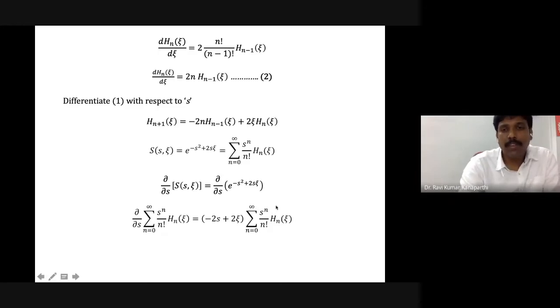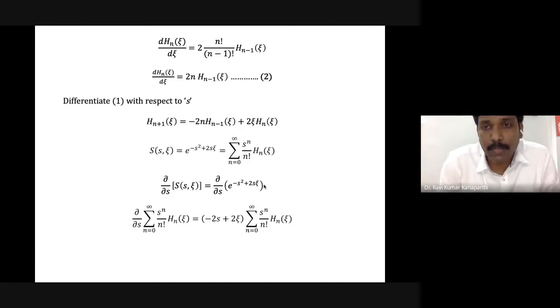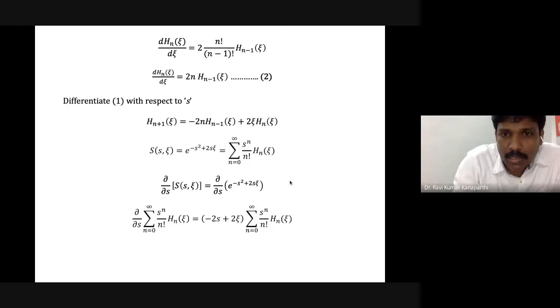You remember that the derivative of e power x is nothing but e power x itself. Here we don't have x alone, but it is multiplied by e to the power minus s square plus 2sz. So this is nothing but the generating function.